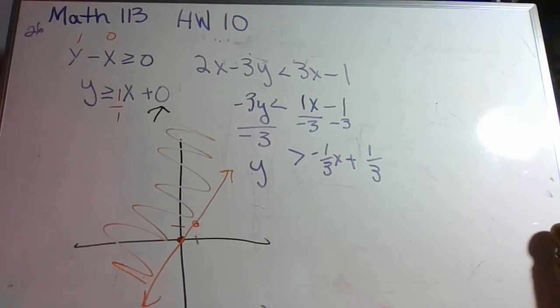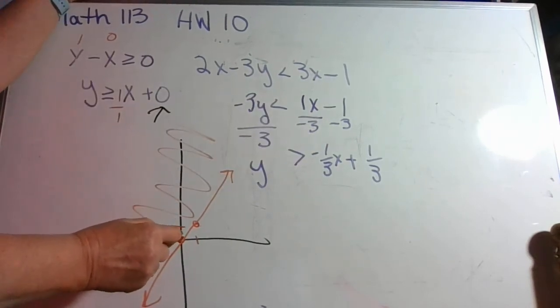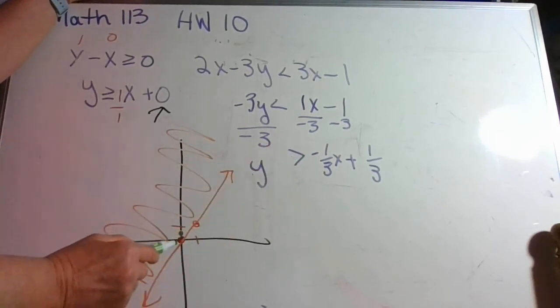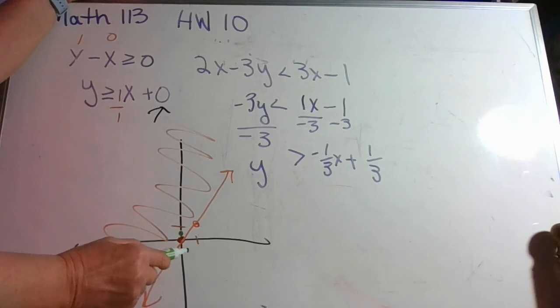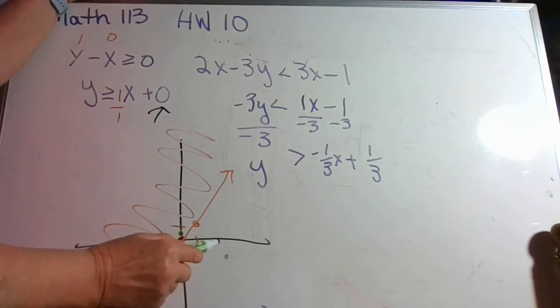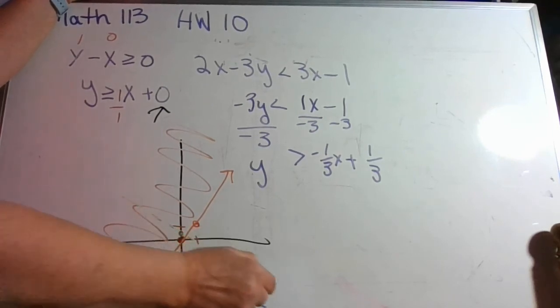And then on my other one, I have 1/3. So that's going to be kind of like right in there. And then I'm going to go down 1, right 3. 1, 2, 1, 2, 3, about right there. And this one is going to be a dotted line.